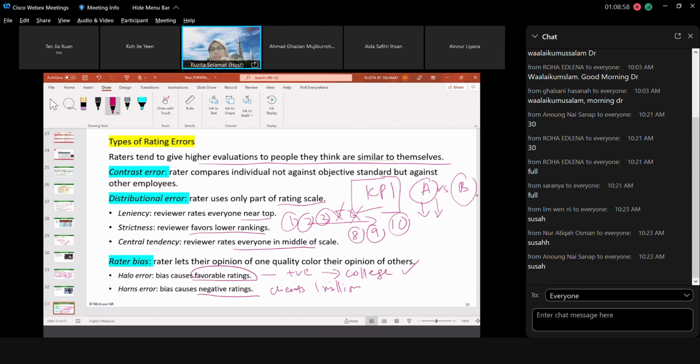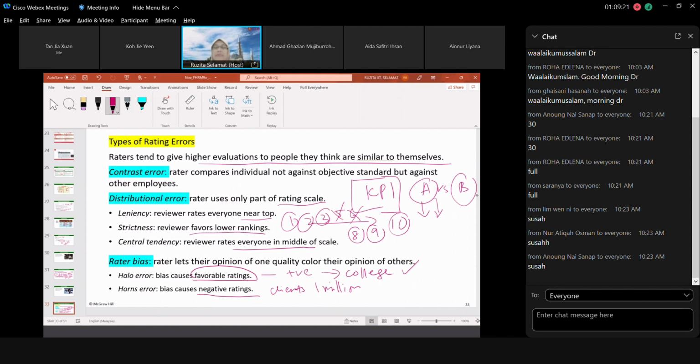Disebabkan one incident. All this while you have been doing good in your work. But simply because you lost 1 million contract to another company, to other competitor, your boss is blaming you, dan menyebabkan you dapat markah rendah for that particular year. Contohnya, right? That could be a Horn's error.